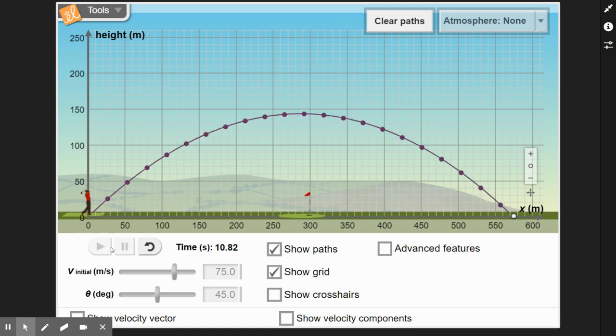Ooh, dang, that's far. What is that at? If this is 550, 560, 570, 580, 590, 600, it's in between 570 and 580. So you could just give that range, 570-580 meters.